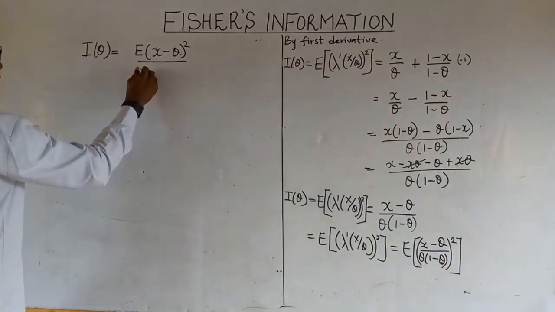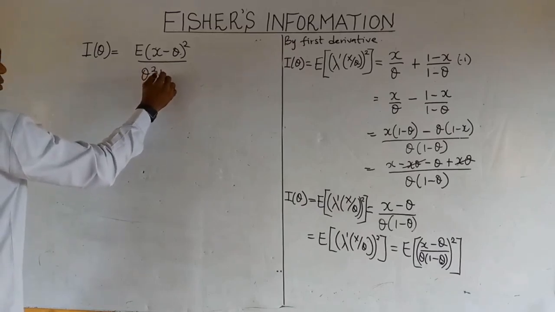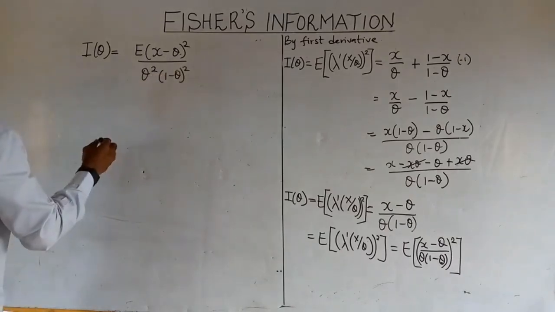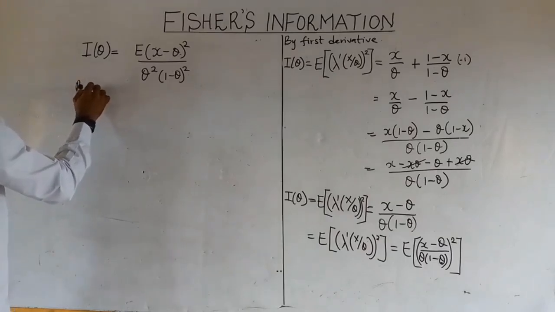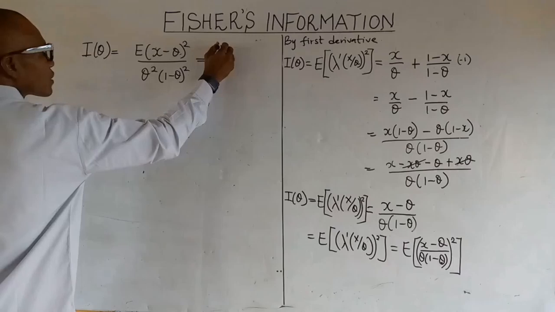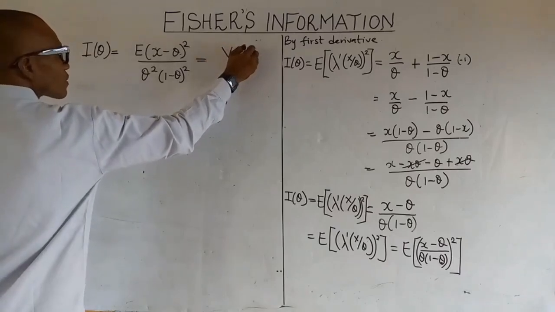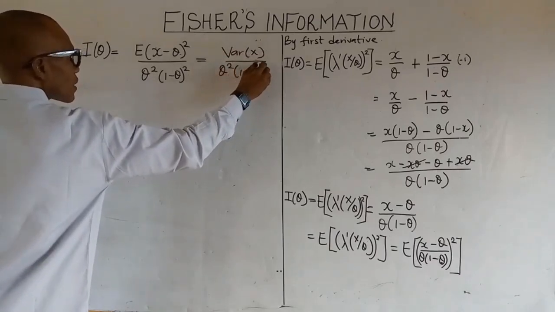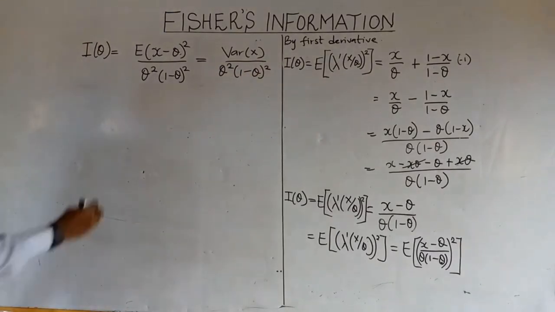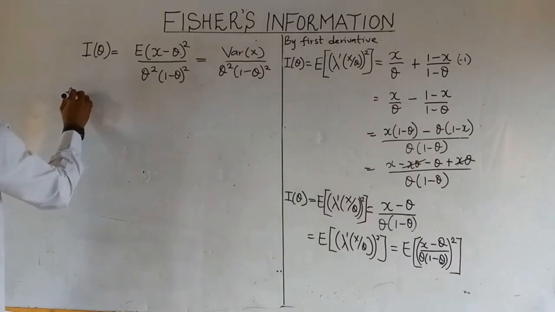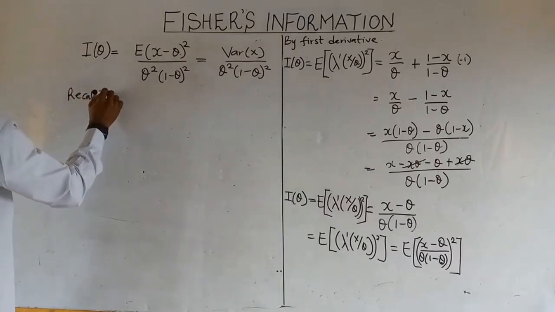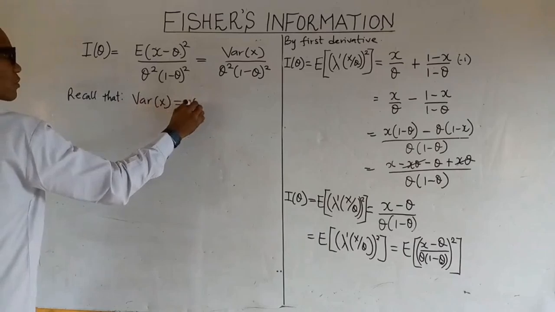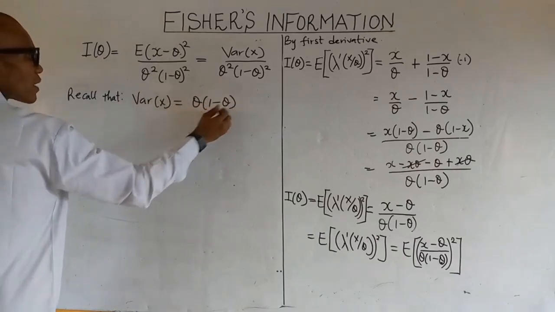So we have theta squared times 1 minus theta squared. So we recall that this is our variance of x all over theta squared times 1 minus theta squared. So all we have to do is recall that the variance of x is equal to theta times 1 minus theta.